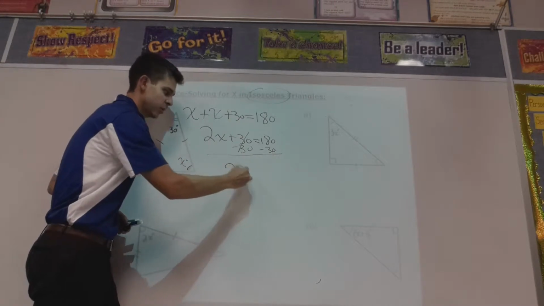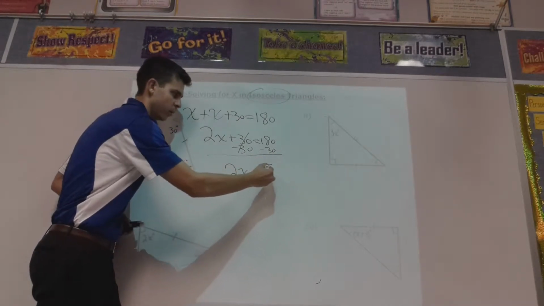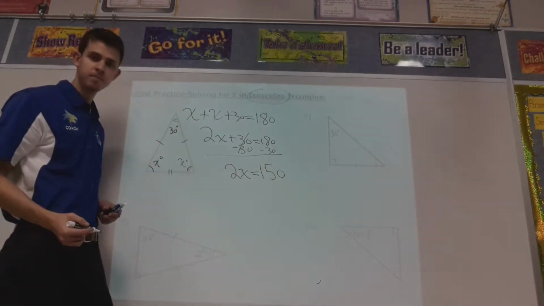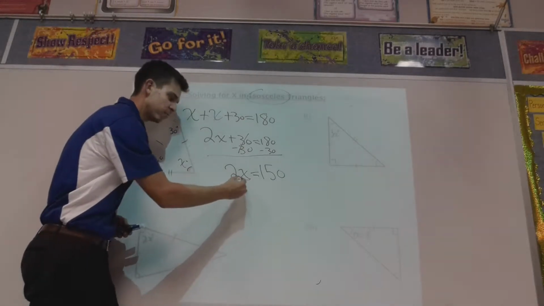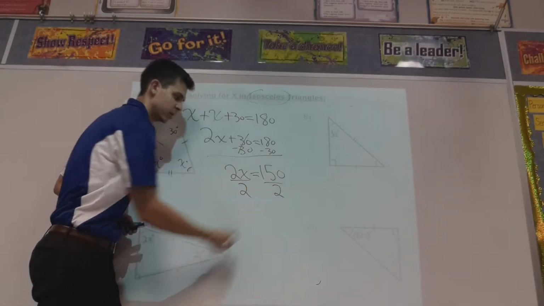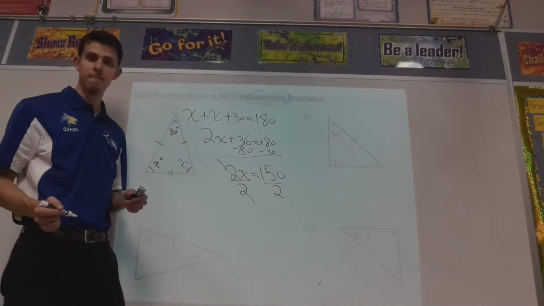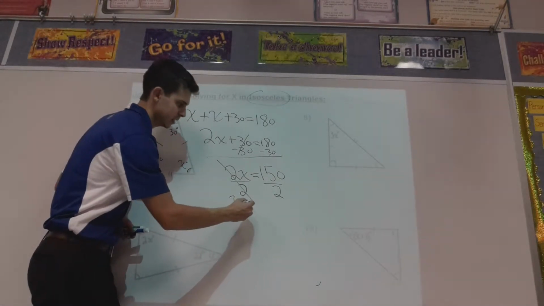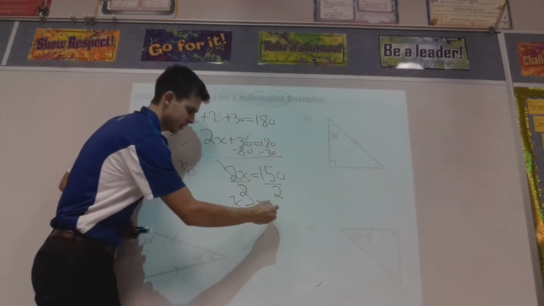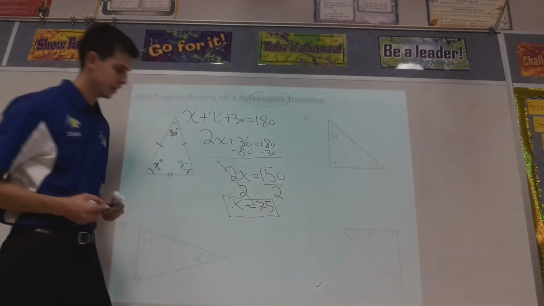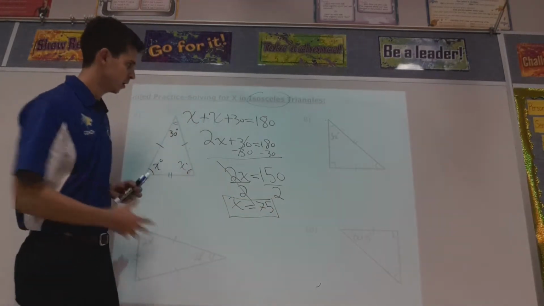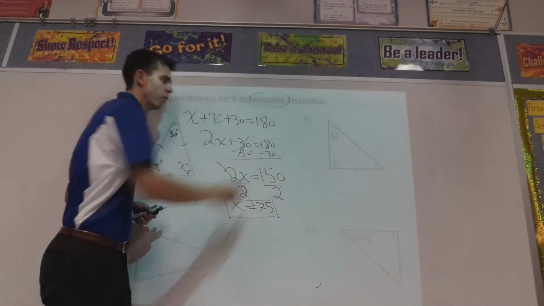That gives me 2x is equal to 150. Now, I'm going to divide both sides by 2 to get rid of this x. That cancels out. X is equal to 75. And there's my answer.